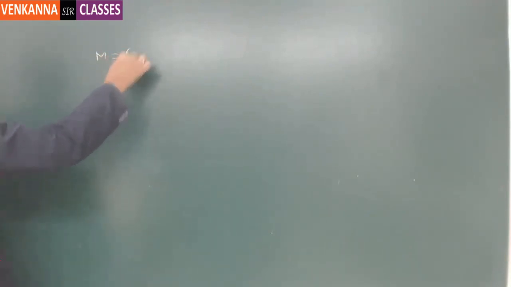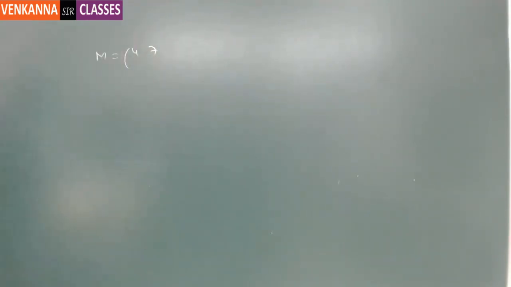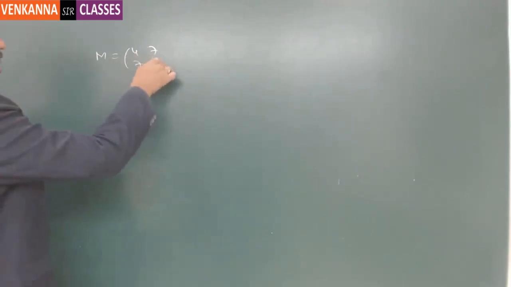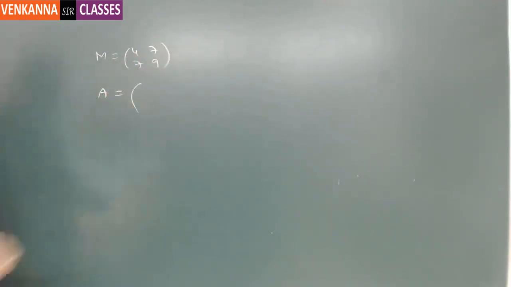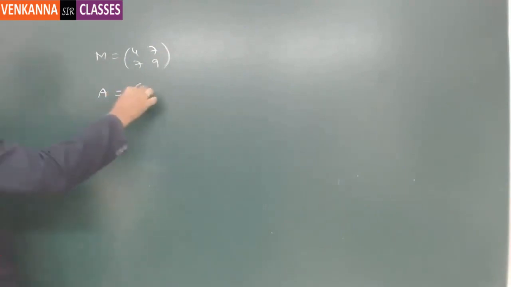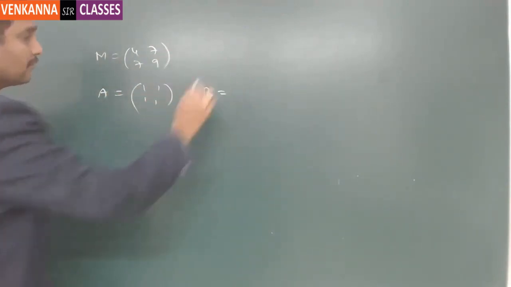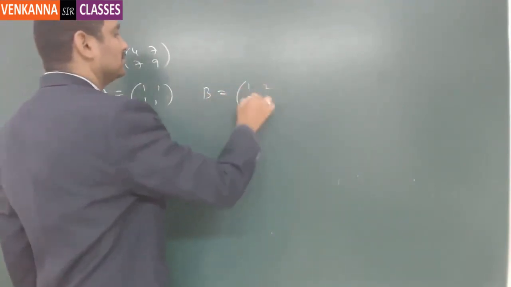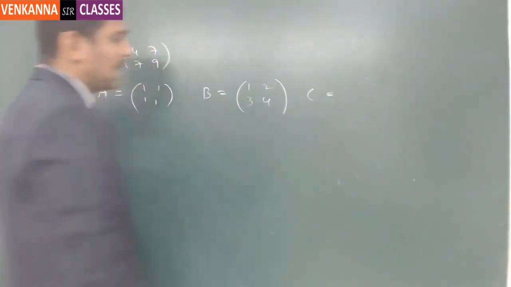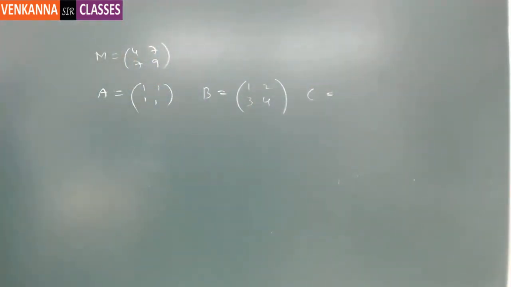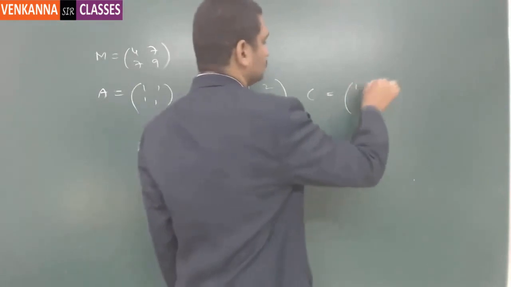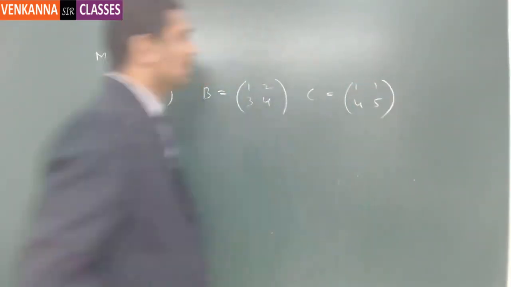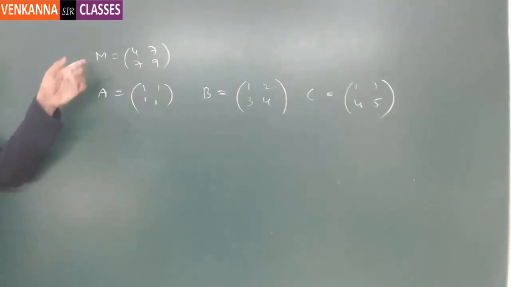Suppose you take a matrix M equal to 4, 7, 7 and 9, and you take the matrices A equal to 1, 1, 1, 1, and B equal to 1, 2, 3, 4, and C equal to 1, 1, 4, 5. Suppose I want to write M as a linear combination of these three matrices.